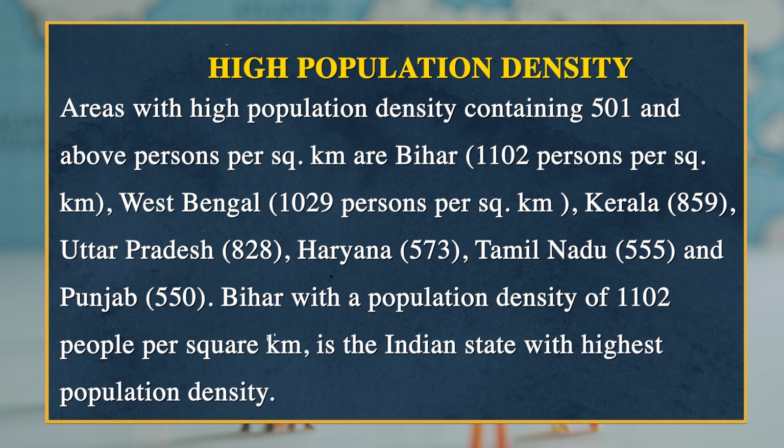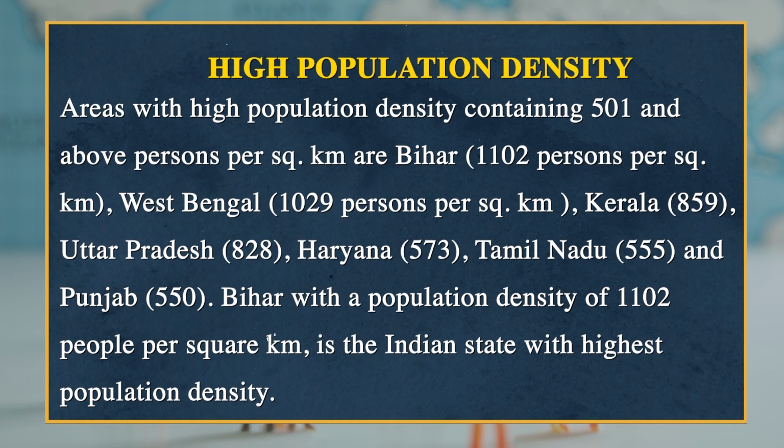Areas with high population density, that is, which contain 501 and above persons per square kilometer, are Bihar with 1102 persons per square kilometer, West Bengal having 1029 persons per square kilometer, Kerala 859 persons per square kilometer, UP having 828 persons per square kilometer, Haryana 573 persons per square kilometer, Tamil Nadu 555 persons per square kilometer, and Punjab 550 persons per square kilometer.